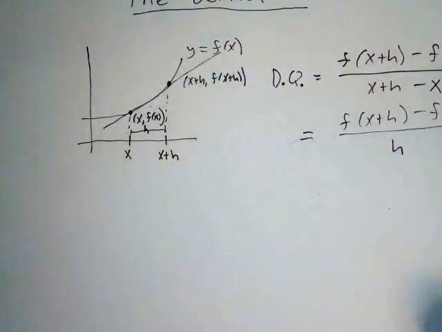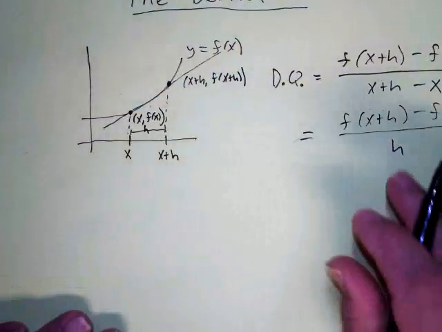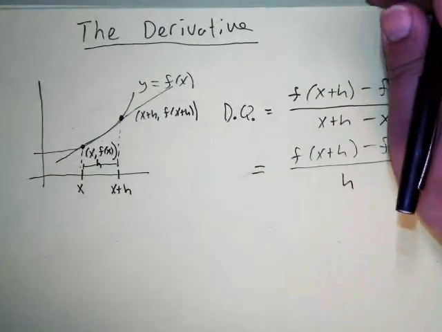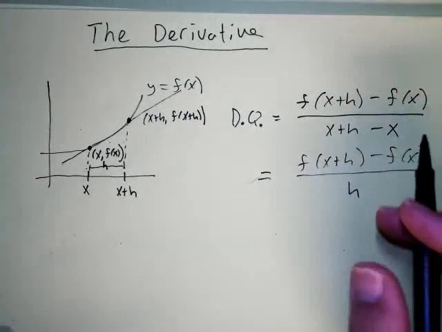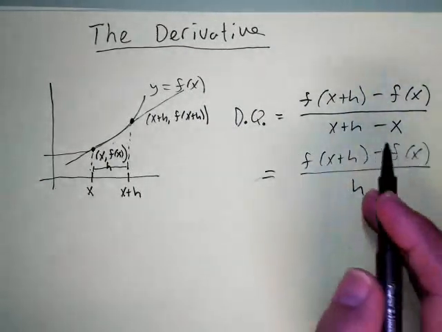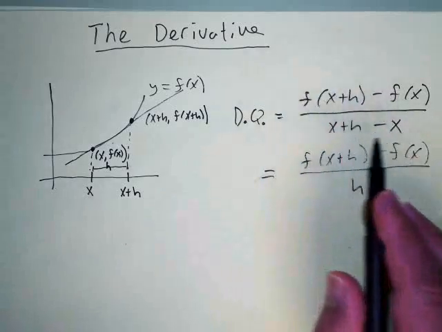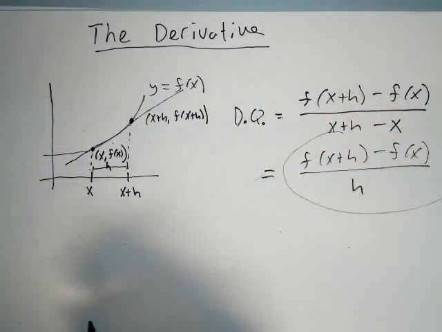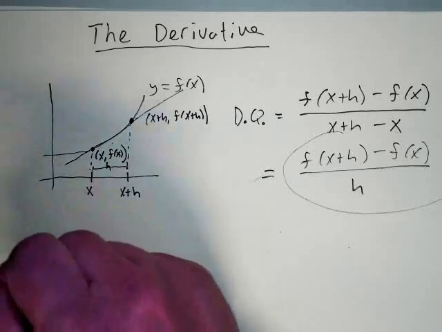Okay? And so you can define the derivative as the limit of this difference quotient as h goes to 0. Okay?